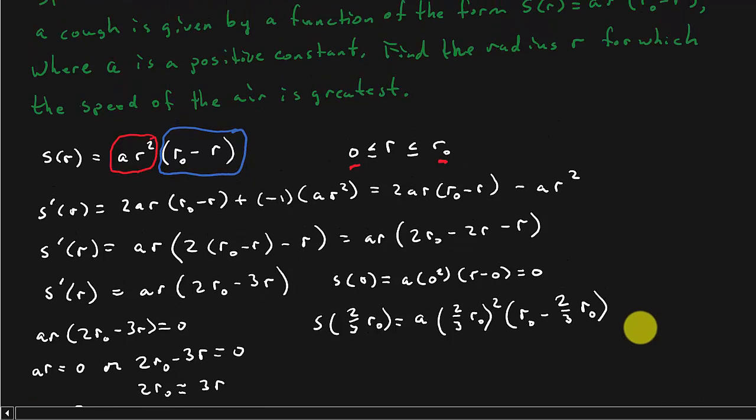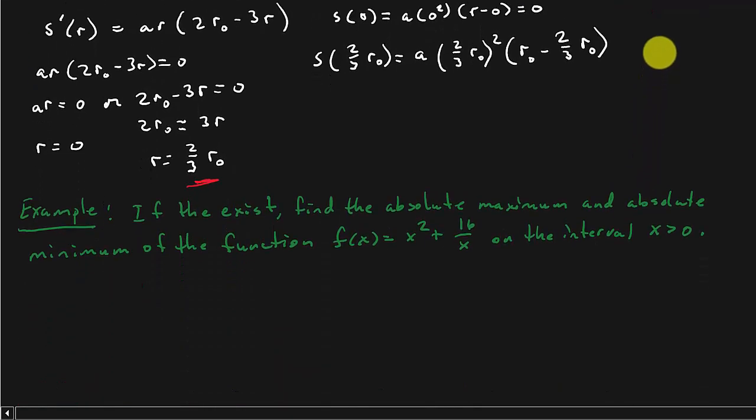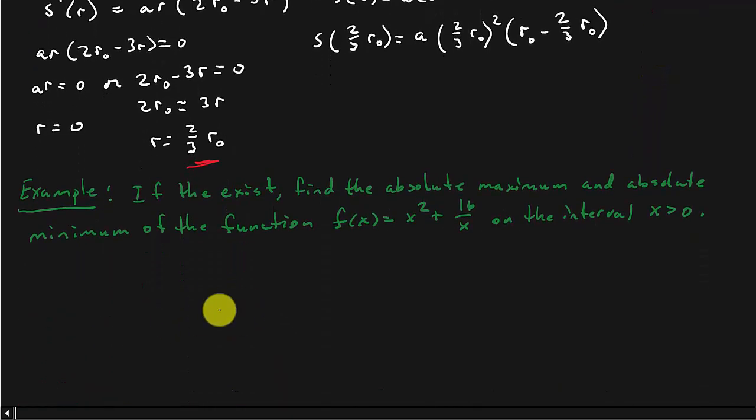All right, so let me just come down here and work this out. That's going to be a times 4/9 r0 squared times, well, that's 1 r0 minus 2/3 r0, that's 1/3 r0.